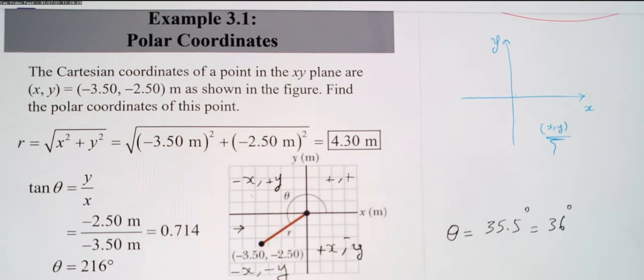Its angles are positive relative to the positive x-axis. I'm telling you that because sometimes in the multiple choice, you will not find the minus 144. So just to make things clear.